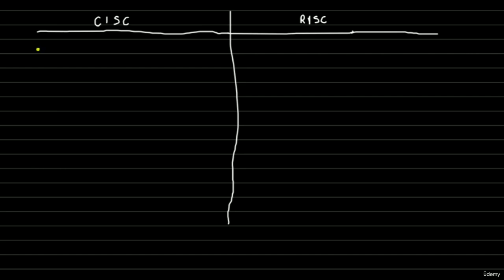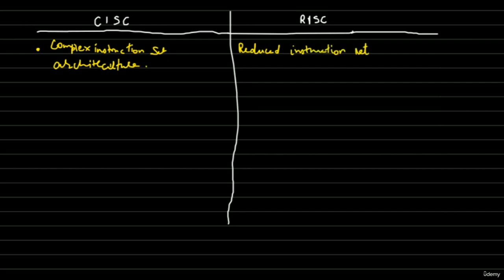CISC means complex instruction set architecture, and RISC means reduced instruction set computer.